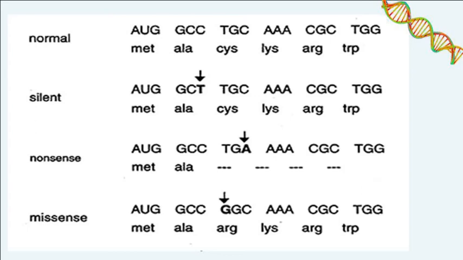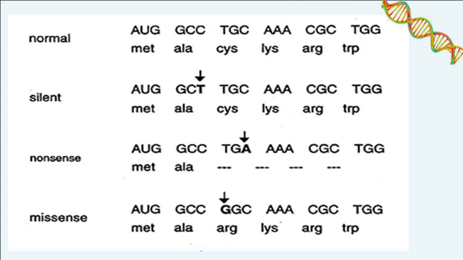In the second case, at the third codon, C changes to A, so TGC changes to TGA. TGC codes for cysteine, but TGA is a termination codon. Therefore there is no further protein synthesis, and it is called a nonsense type of substitution mutation.